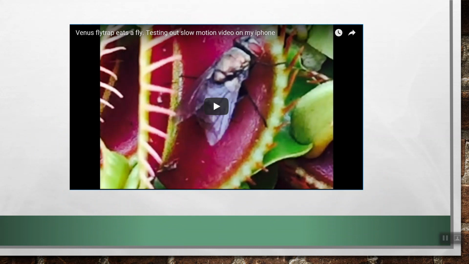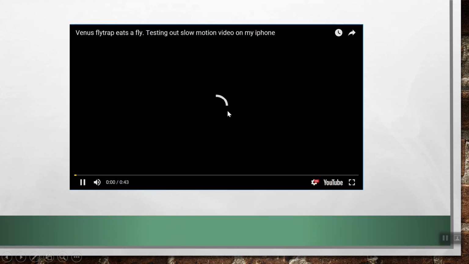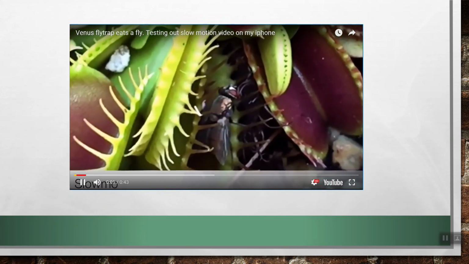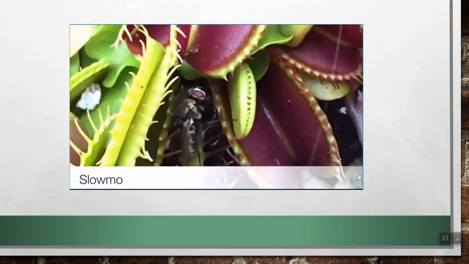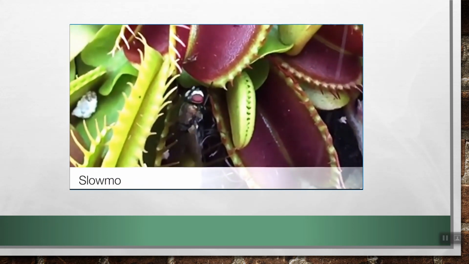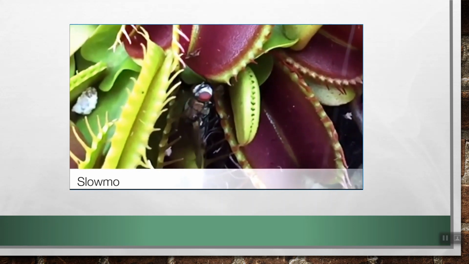So here's a video of a fly being caught within a Venus flytrap. Notice, first, the fly is unsuspectingly climbing along on the plants.